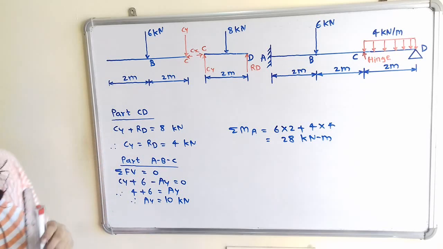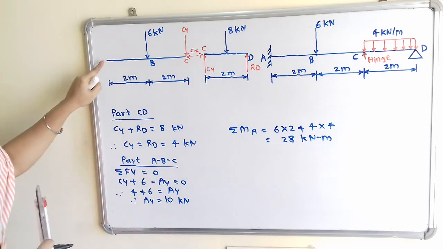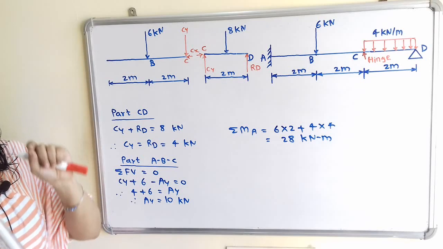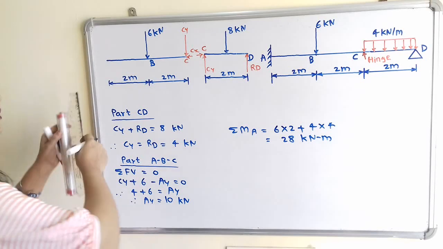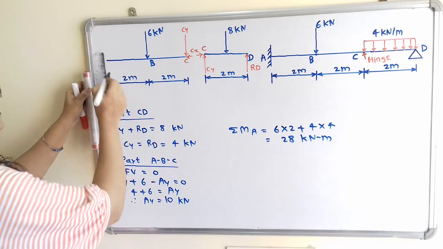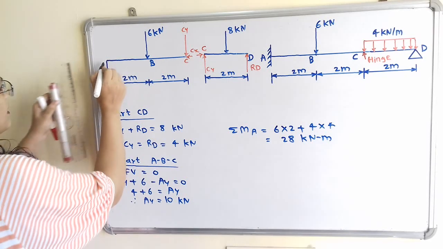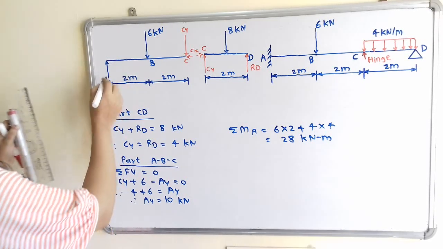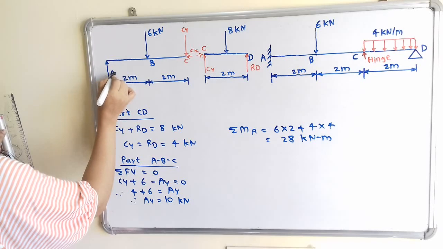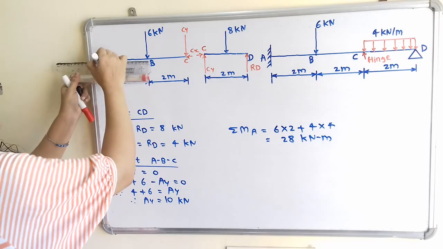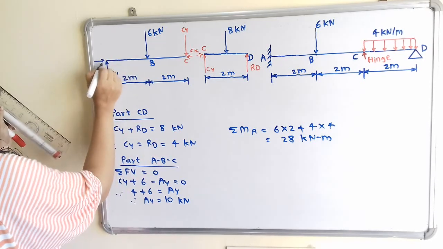Point A is the fixed point. Now at this point A there is a vertical force as well as a horizontal force. So we have to show the reaction at point A in the vertically upward direction, and because this is the vertical force we will call it Ay, and the horizontal force we will call Ax.